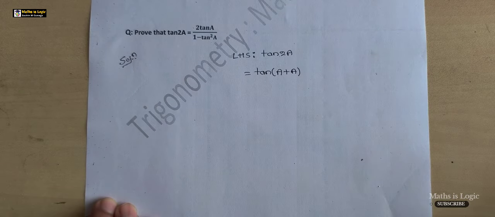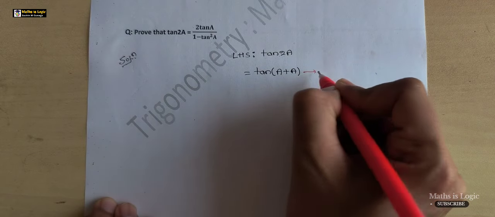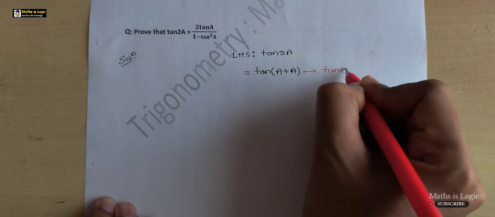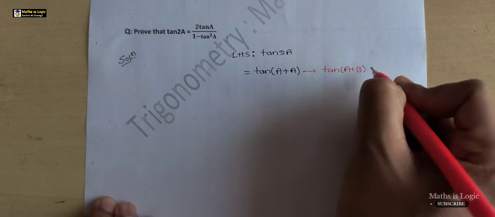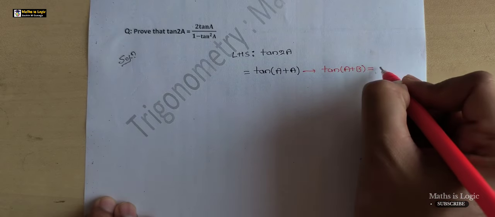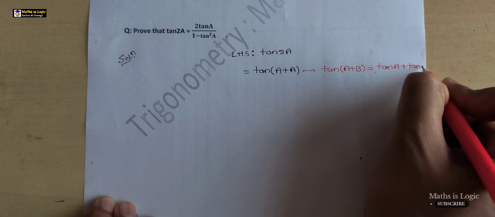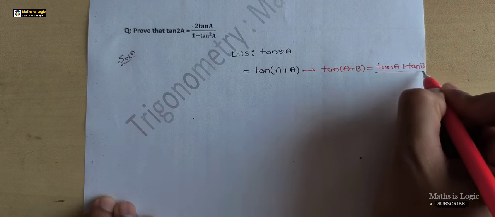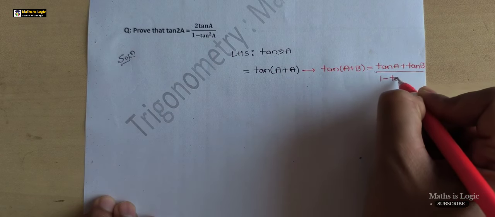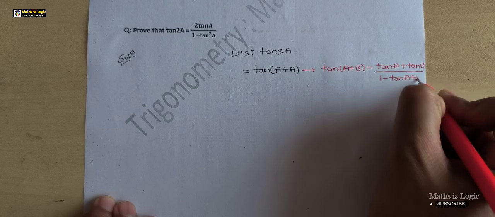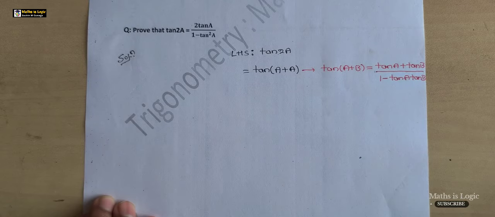Once I split 2a as a plus a, this looks like tan a plus b. Apply the compound angle tan a plus b formula. What is that? Tan a plus tan b divided by 1 minus tan a into tan b.